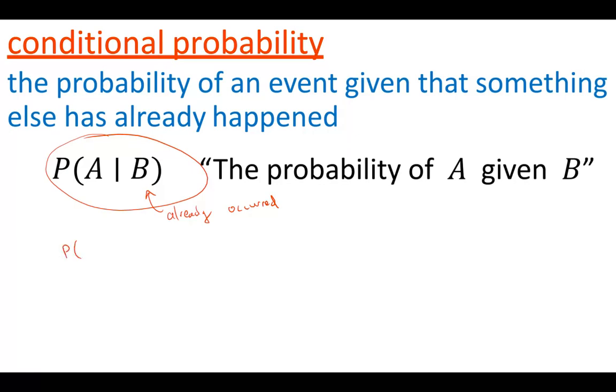So again, a couple examples. Probability of rain, given that it is cloudy. What is the probability of, say, an A on a test, given that you study for 3 hours? Things like that.